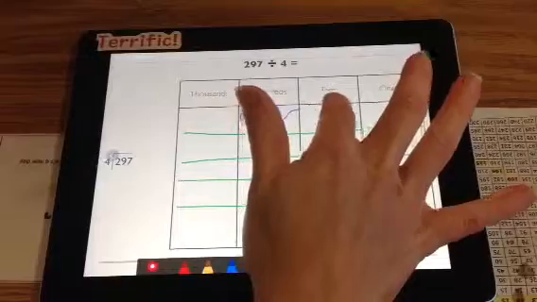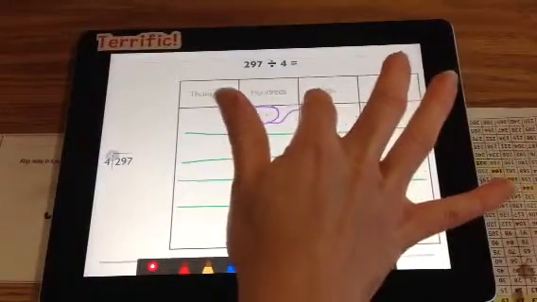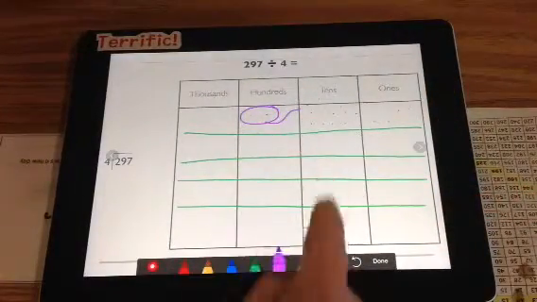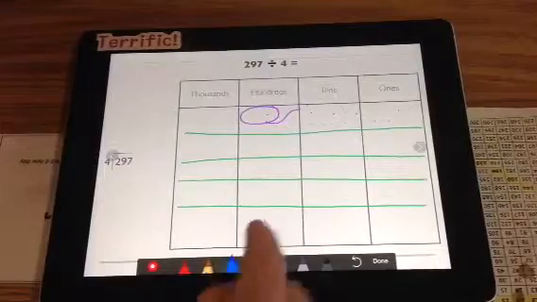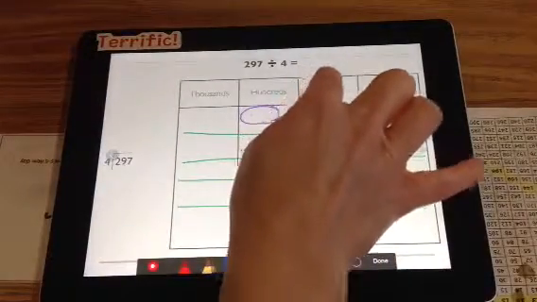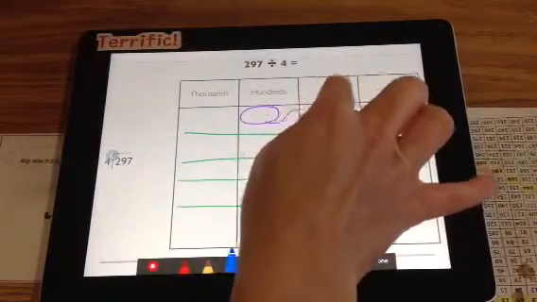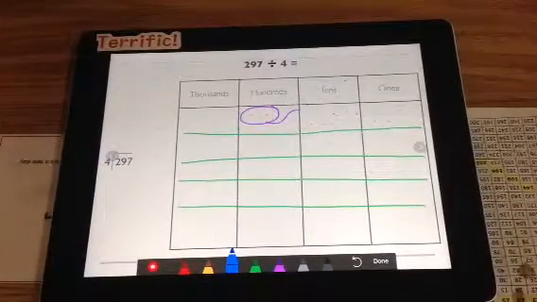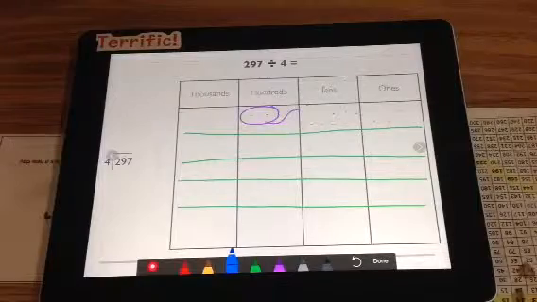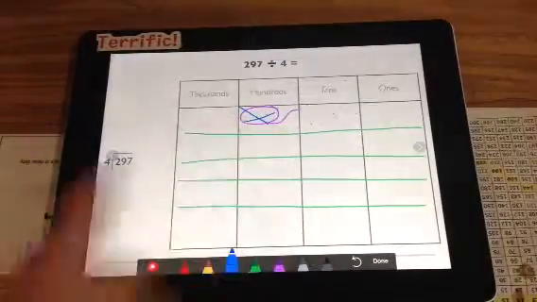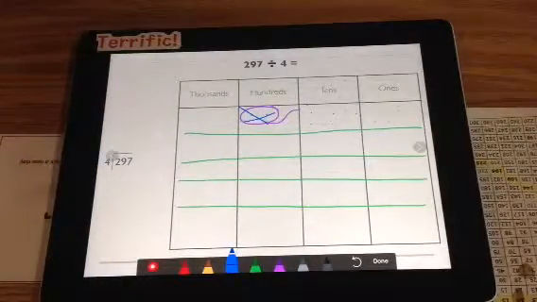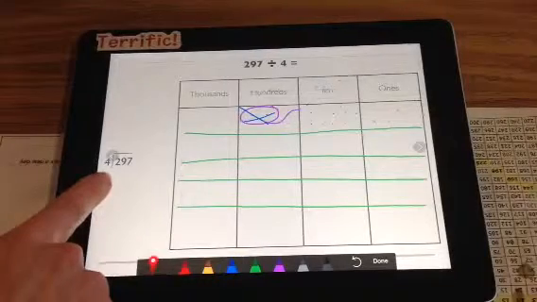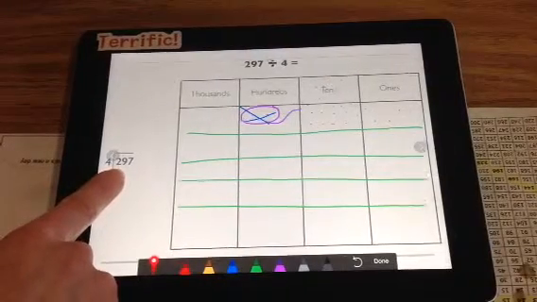And then I'm going to use a different color for the next grouping. Now that I have them unbundled, I'm going to cross them off because I don't need them anymore. And if you look over here at our problem, we have 2 hundreds.